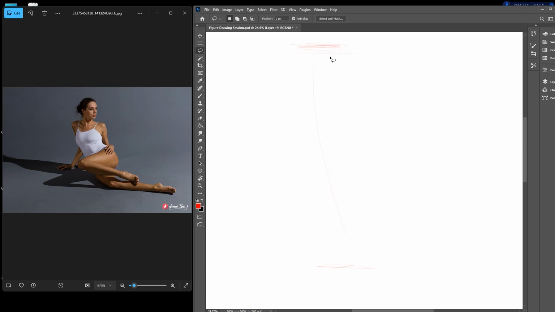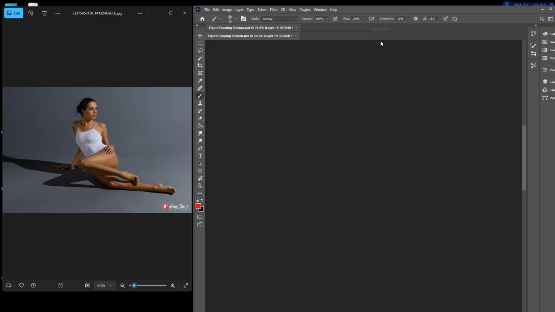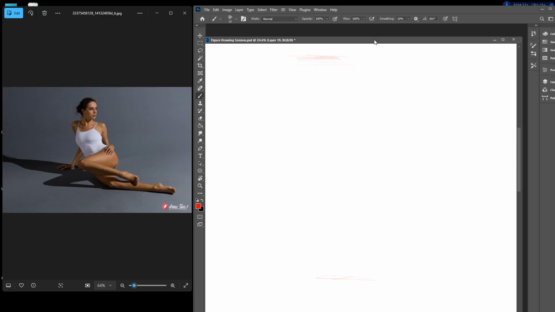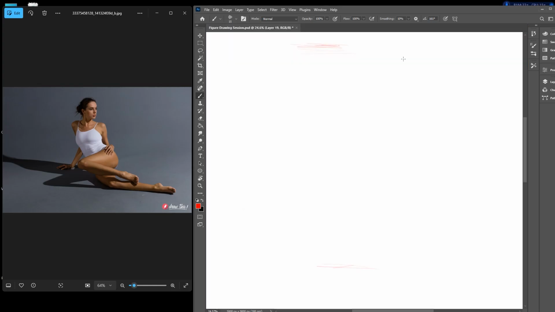Since we are in digital, this is not a problem. However, I just decide the lower and the top because even though I don't draw it, I just think of a line. I'm sorry, I think of this gap. In my mind, I don't draw it, but I have this gap in my mind.